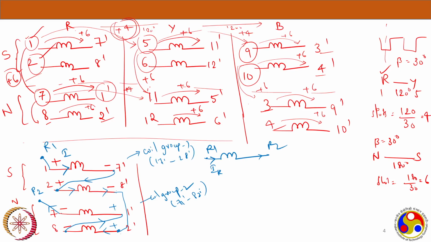We will give the notation in electrical engineering. If the current is entering, we will assume it as a cross, and if it's leaving, we will assume it as a dot. Now if it is entering 1, let's say it is a cross, it is leaving 7 dash as a dot, and again it is entering 2 as a cross, leaving 8 dash as a dot.